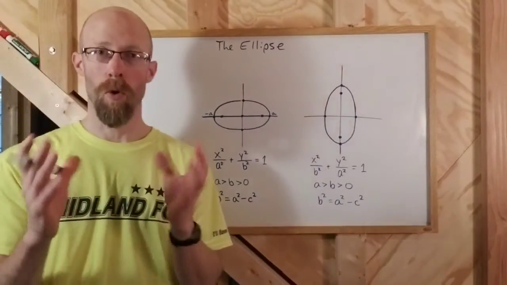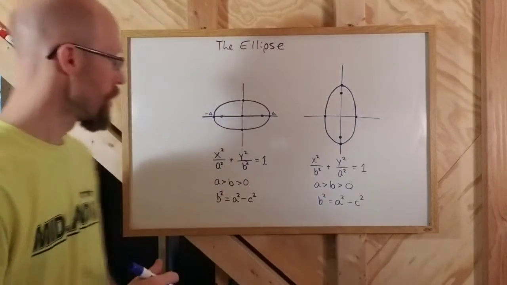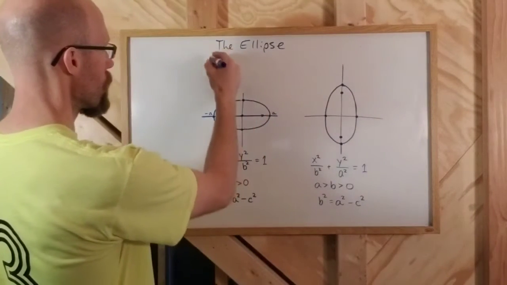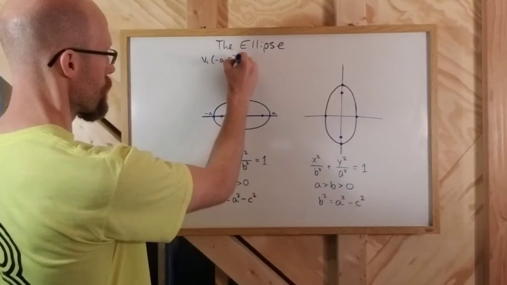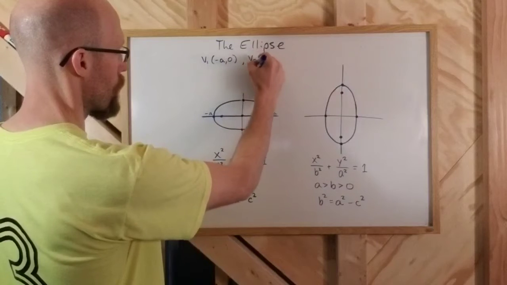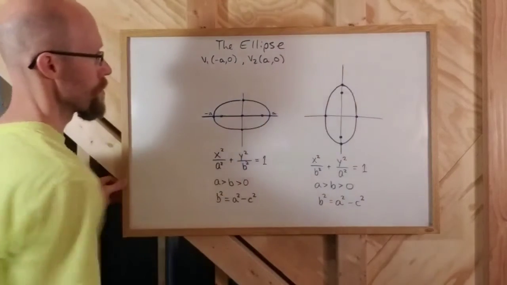Technically, those would be ordered pairs, (negative a, 0) and (a, 0). In fact, I'm going to go ahead and write a list of points here. So vertex 1, I'm going to call it (negative a, 0). Vertex 2, I'll put them both up there. Vertex 2 would be (a, 0). All right.